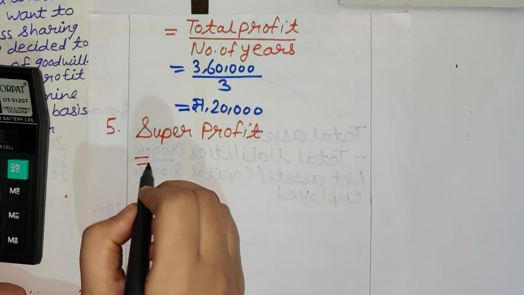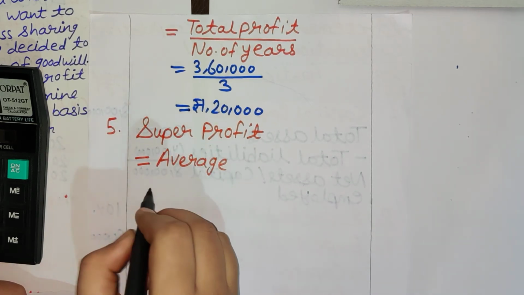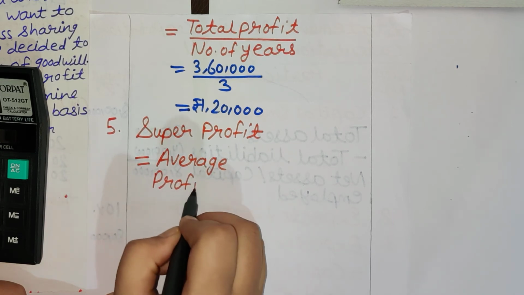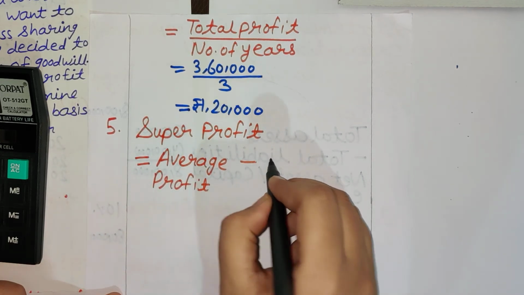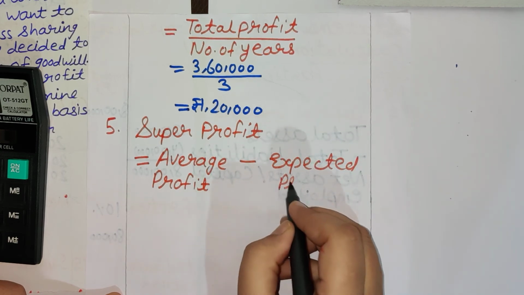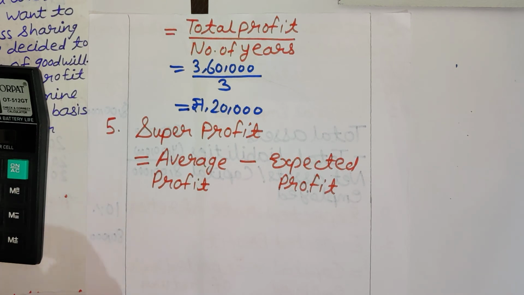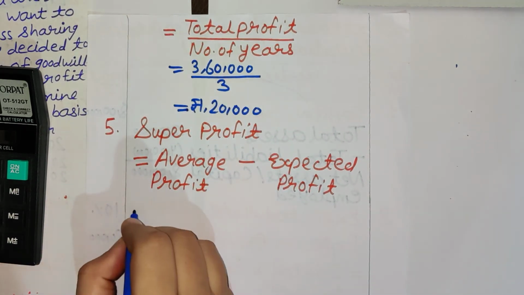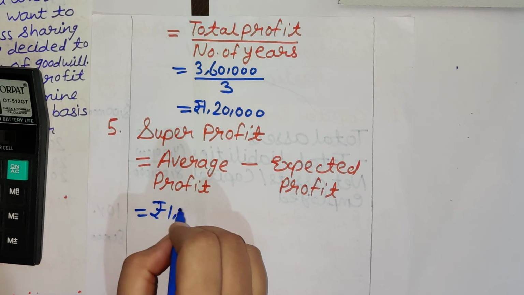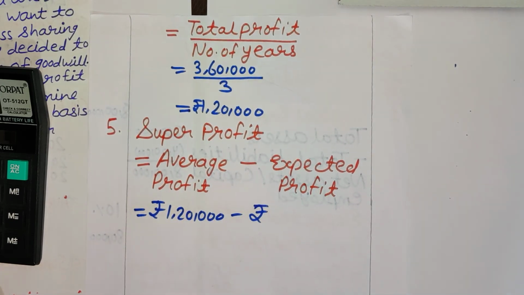The formula of the super profit is average profit minus expected profit. So in the sum we have already calculated the average profit, that is 1,20,000. We have also calculated the expected profit.